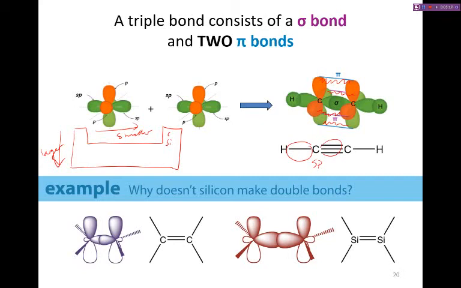It has a valence of 4 as well, but it turns out that it does not. The reason for that is because silicon is larger than carbon. If we take 2 carbon atoms versus 2 silicon atoms, there's a large enough difference in size, which means that the unhybridized p orbitals are too far away from each other within the silicon atom to form double bonds.